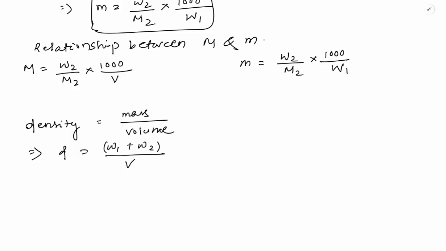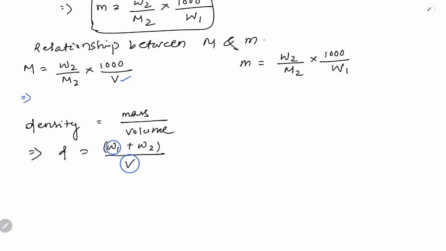So we always discuss in terms of solute. That's why we will convert the solvent term into solute, so I have to find the value of W1 and volume. From molarity we can find the value of volume.